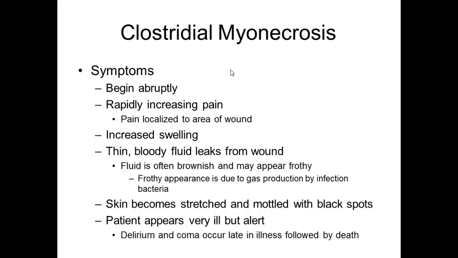Under those conditions, it produces gas. And so then the gas is seen as this frothy, bubbly liquid that leaks from the wound. And that's why it's frothy, the bubbles from the fermentation and the gas production.